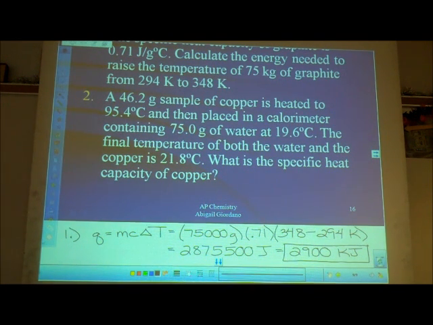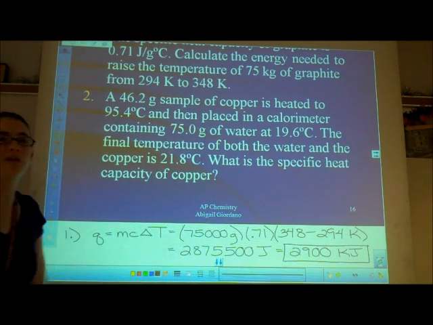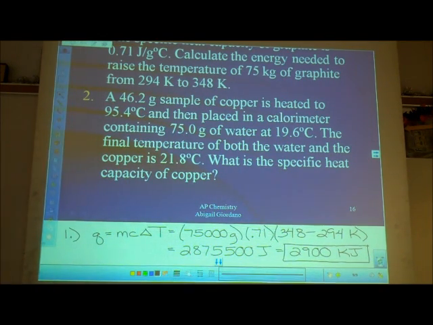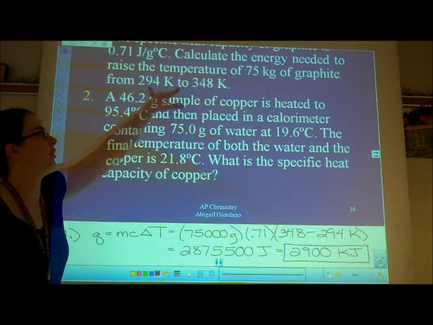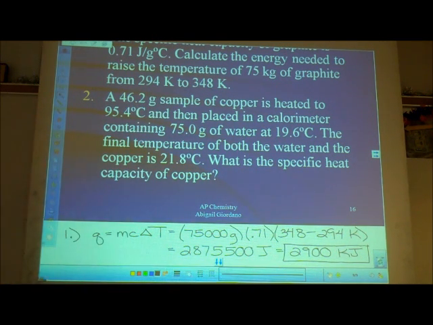How do you change a Kelvin temperature back to Celsius? Subtract 273. Did some of you notice that the difference between two Kelvin temperatures is the exact same number as between those same temperatures in Celsius? So, if you went ahead and converted these to Celsius, fine. If you didn't, you'll still get the same answer.